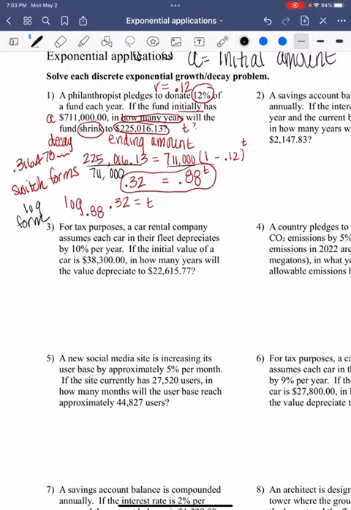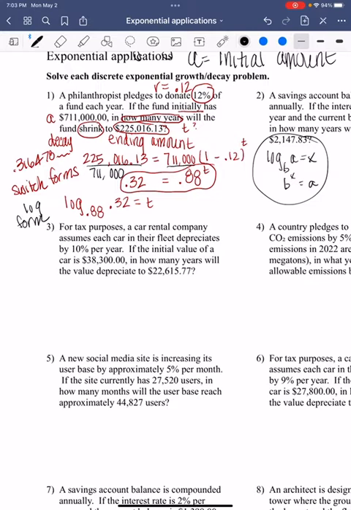So just a review of that: the log base b of a equals x, b to the x equals a. So knowing how to switch back and forth between the two forms is super important.